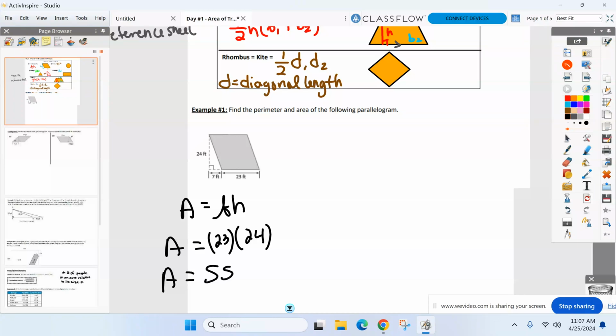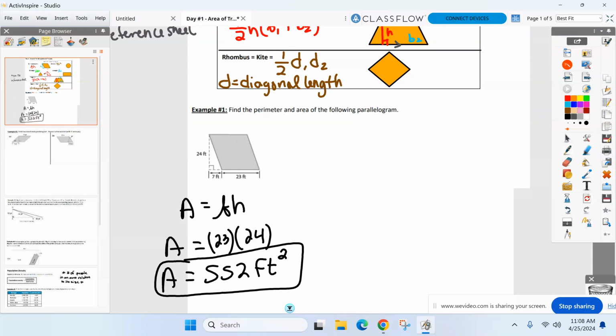We all get 552 square feet when you're talking about area. So I am going to require you to put units on all your answers now, because I need to know you know the difference between area versus a perimeter versus a side length. All right, those are labeled differently.